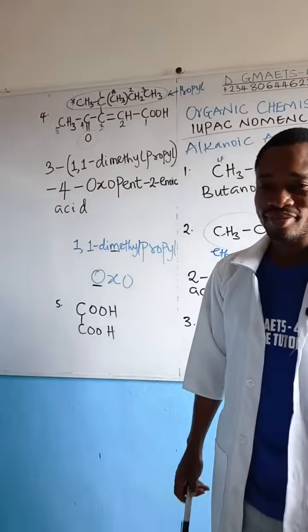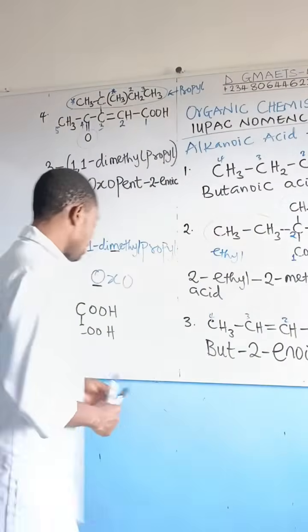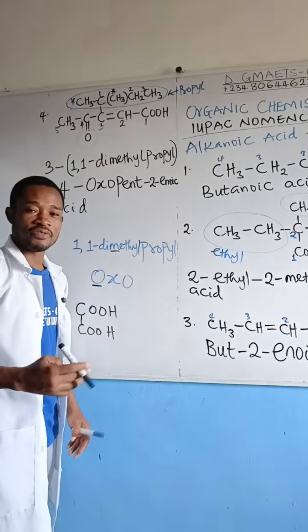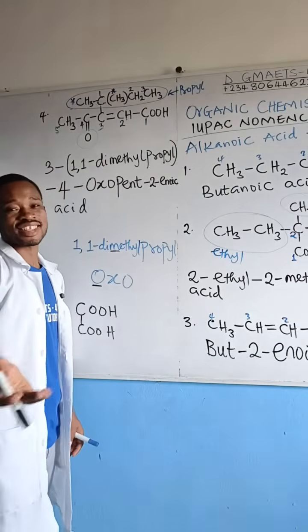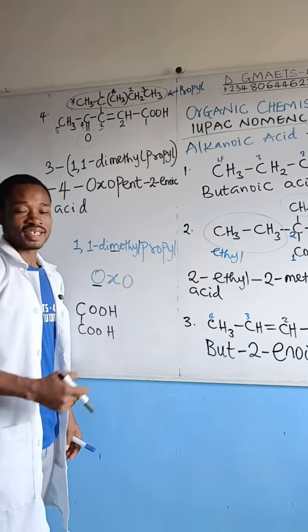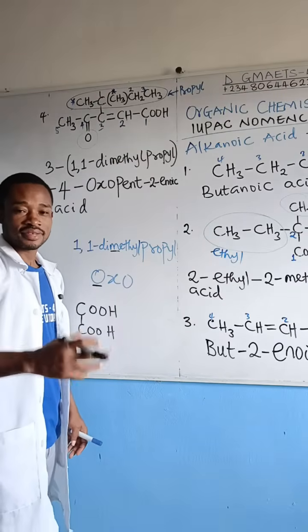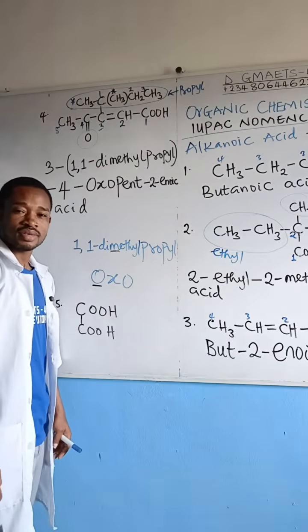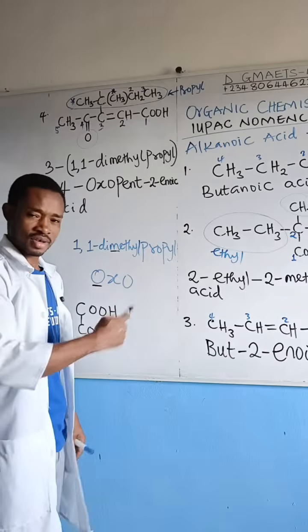It's simple. First of all, notice that we have 2 carbon atoms there, and the 2 carbon atom prefix is eth, as in ethane. However, notice that the functional group here is alkanoic acid, carboxylic acid, COOH.